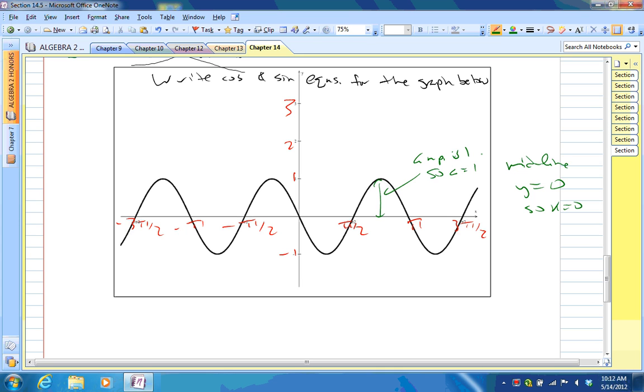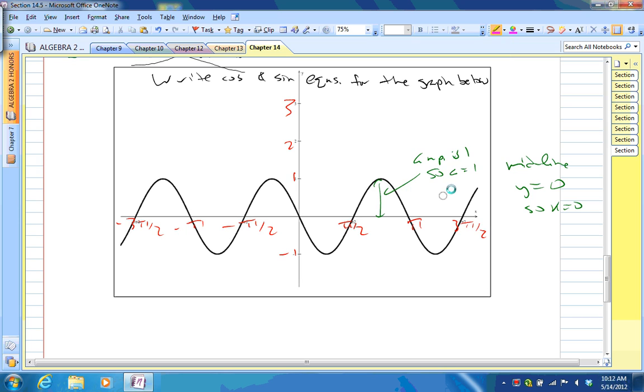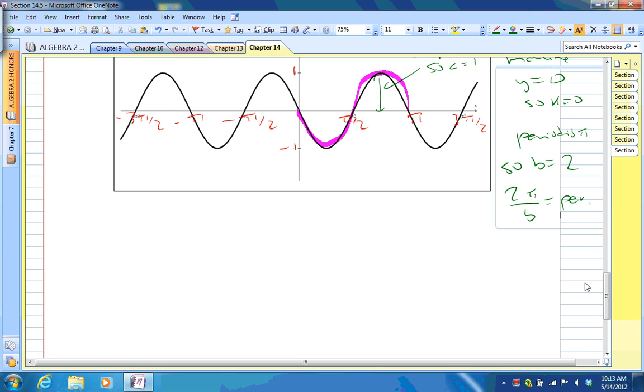Period. So the period is pi. So b equals 2. Because remember, 2 pi over b equals the period. Okay.